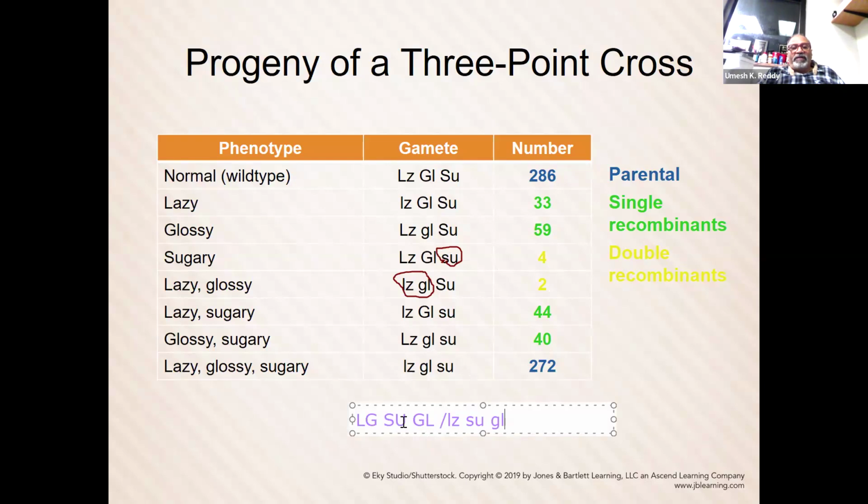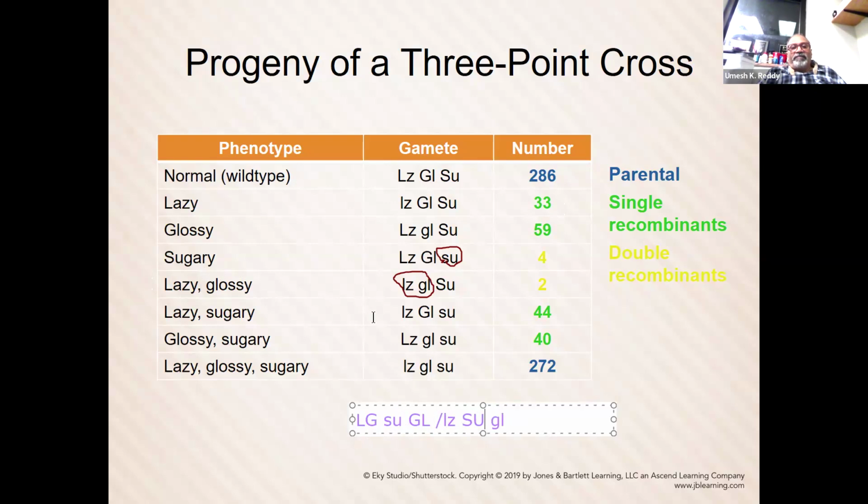This sugary went up here. And then this sugary came down. That fits this phenotype, sugary. This is sugary. For glassy and lazy, it is normal.